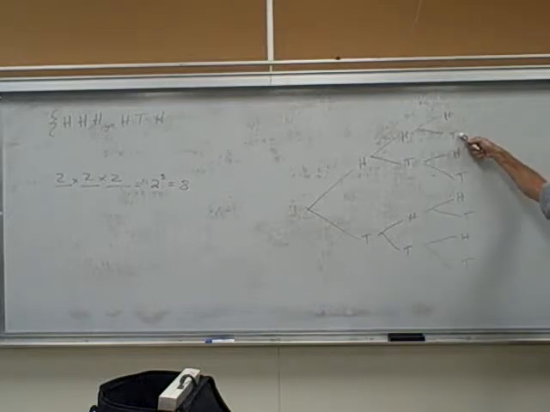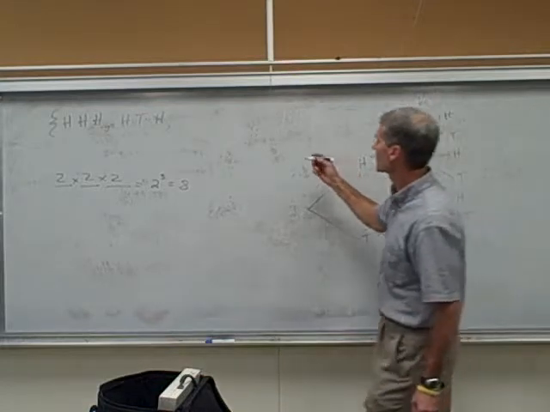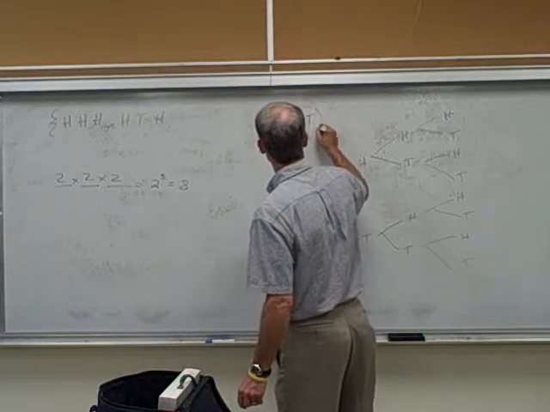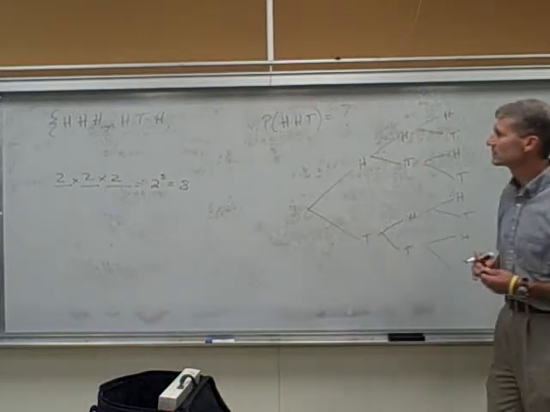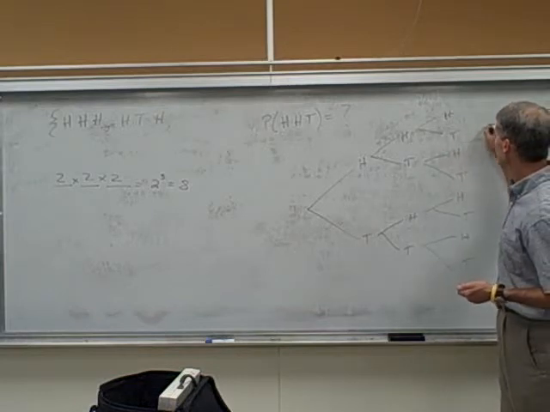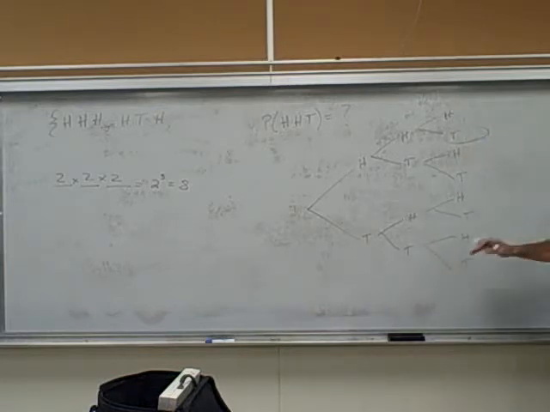Next one down is HHT, and so on. So what's the probability of getting HHT? Well, how many branches have HHT? That specific order. Order matters. There's only one of them, and that's this one right here. It's 1 out of 8.